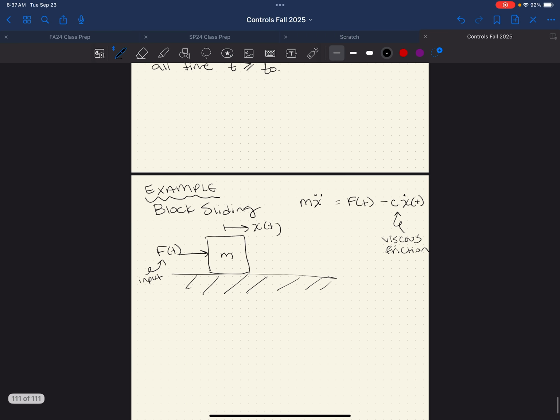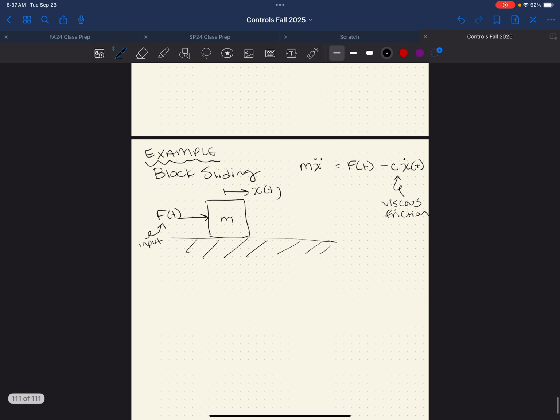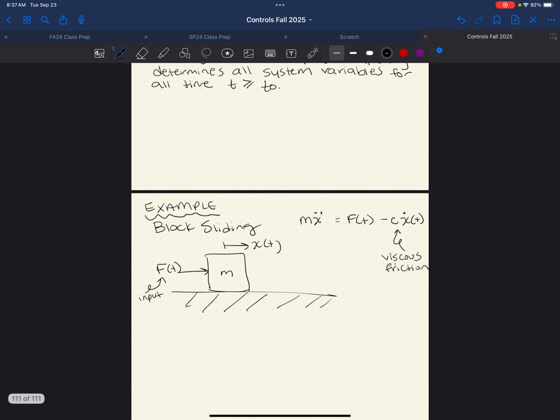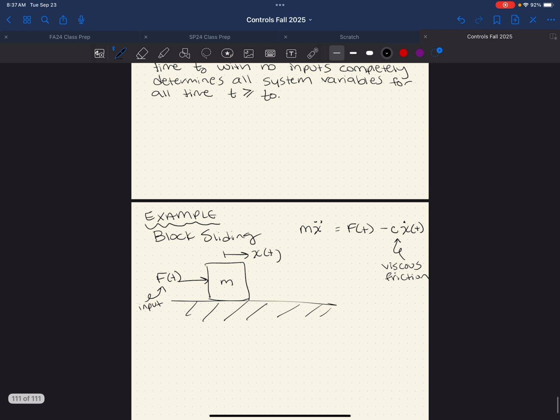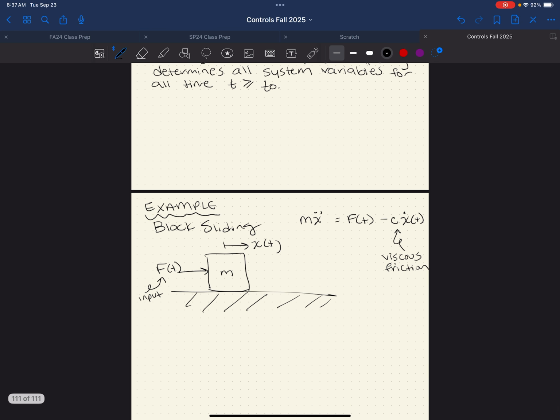Okay. In order to know where the block is for all time, what do we need to know about this system?